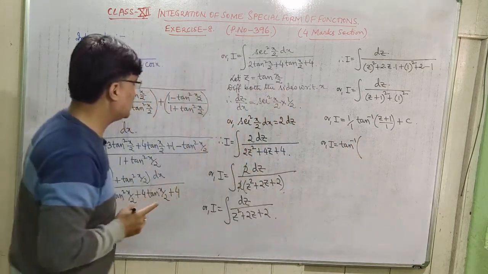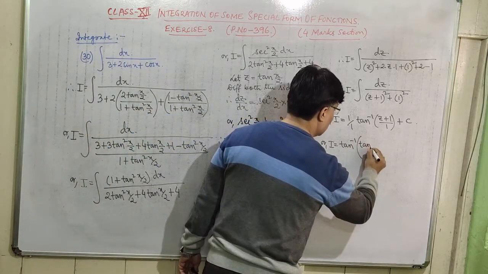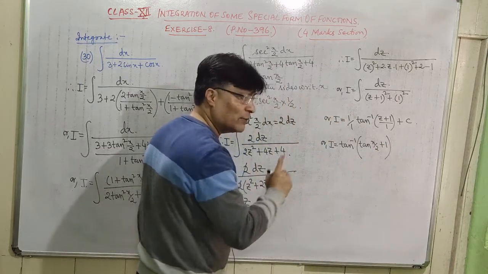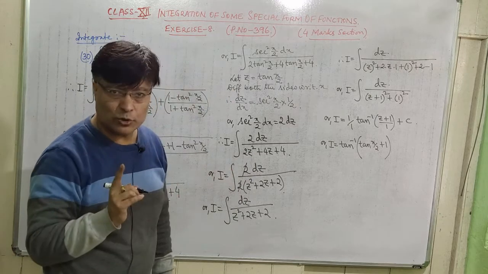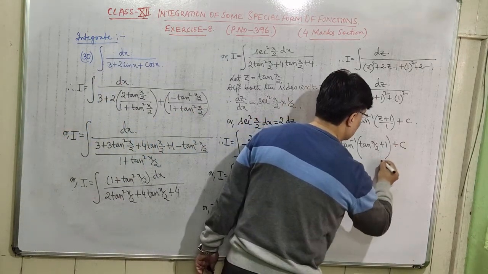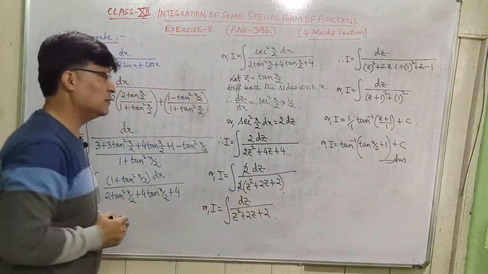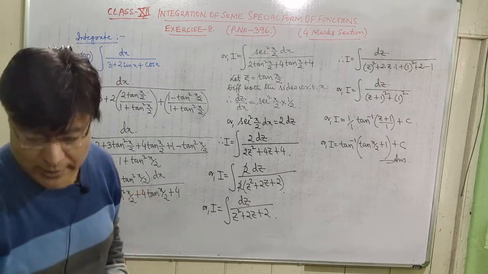What is the value for z? What is z here? It is tan x by 2. Z here is tan x by 2, then plus 1. You don't have to write whole divided by 1 because there is 1. So if there is 1 in the denominator, you don't have to write it. Okay? Then you should write plus c. So this is the final answer. So I think you have understood it. So you can copy it. Now we'll do the next question.